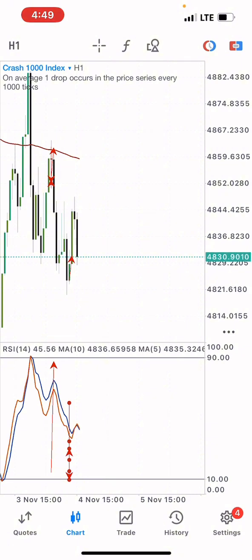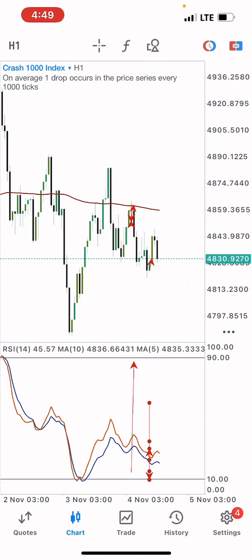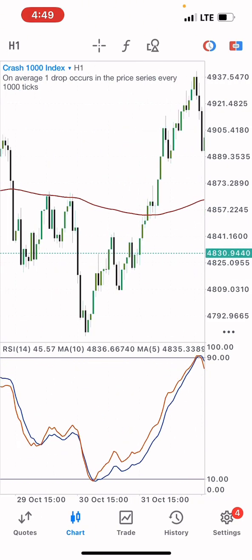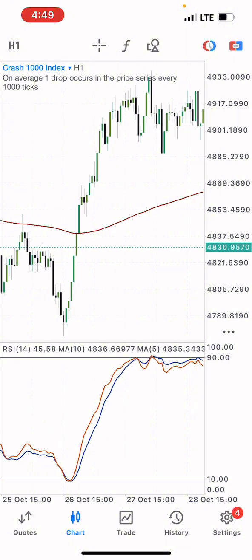Remember, the boom 1000 index market, we're looking for the opposite of what we are looking for in the crash 1000 index market. So make sure you backtest this.